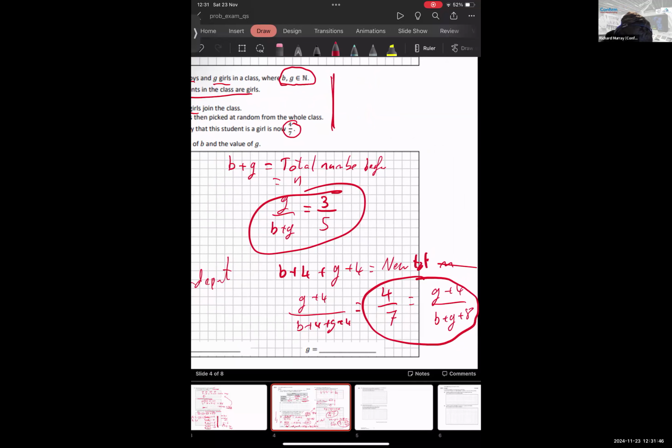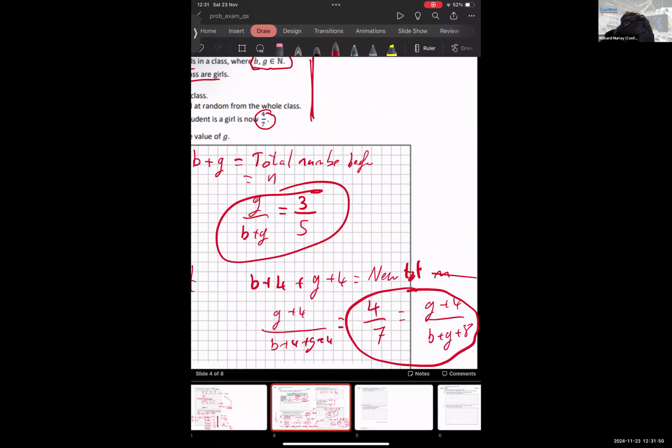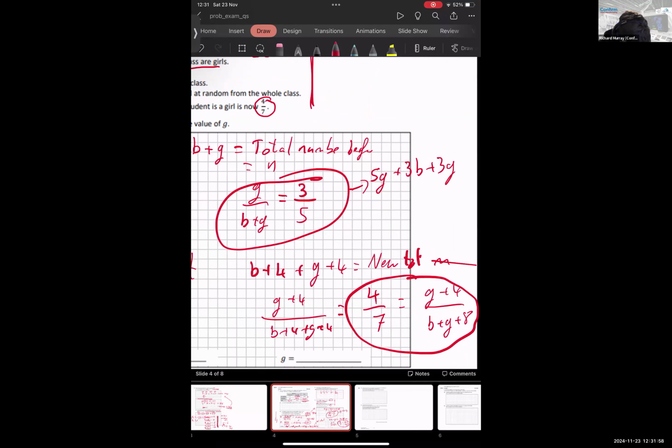So if we had more space on this page, which I've kind of run out of, we can multiply these out. We'd have 5G plus 3B plus 3G from this one. And we would also have 4B plus 4G plus 8 times 4 is 32.